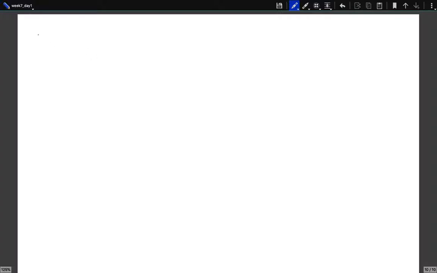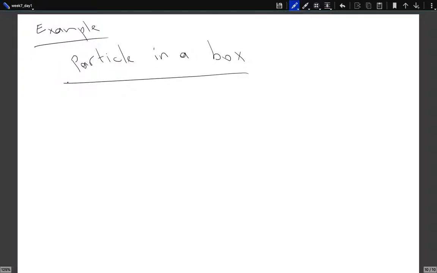Let's do a problem. This was your reading assignment, but anyway. Particle in a box. So let's say that you have a box and you put a particle inside.